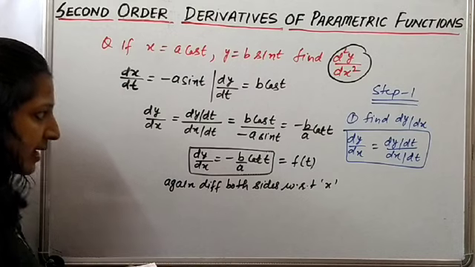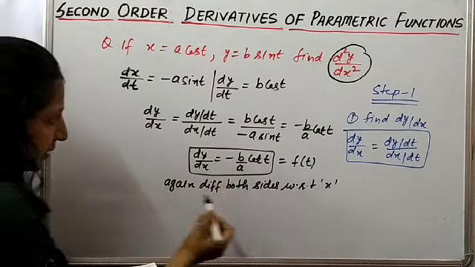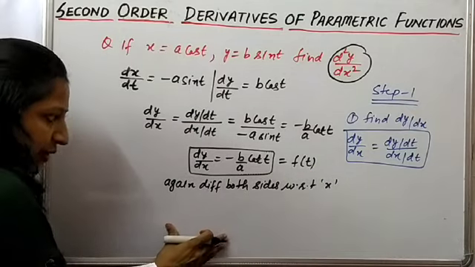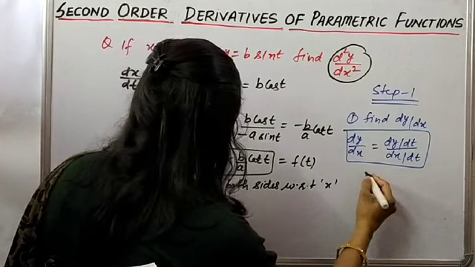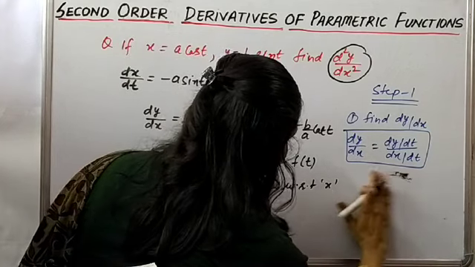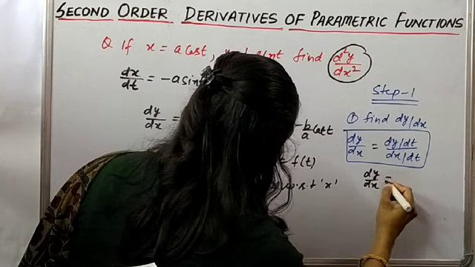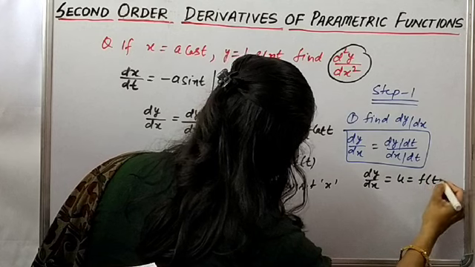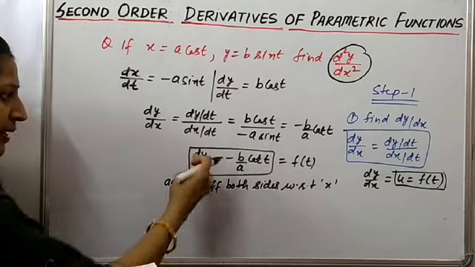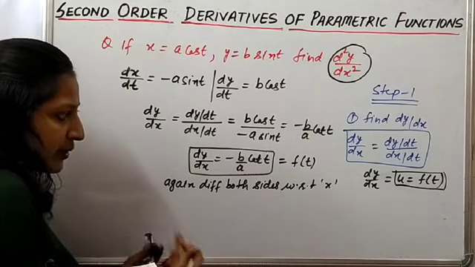So let us try to understand what to do further. Let us assume this dy by dx is u. I am writing here for understanding, you will not write it, but let dy by dx be equal to u, which is a function of t. So u is a function of t, that is dy by dx is a function of t, and we will differentiate both sides with respect to x.